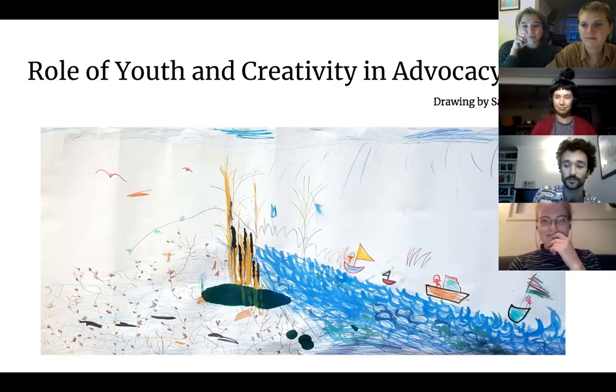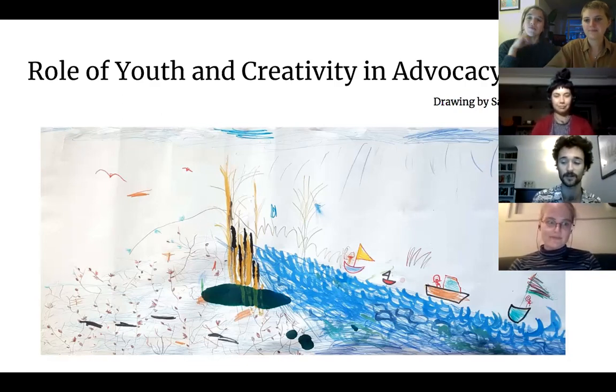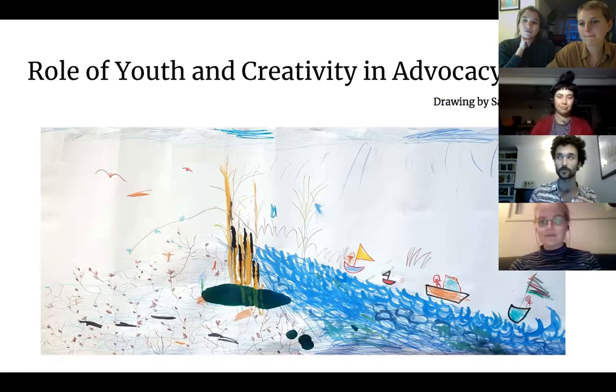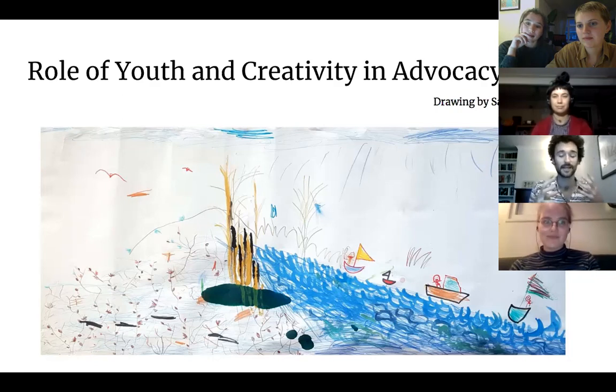For the fact of having not lived through the world as it is quite so long as others, the power of that is that it is easier to imagine a world that is different to how it currently is, and I think that is a really valuable thing that youth can bring.